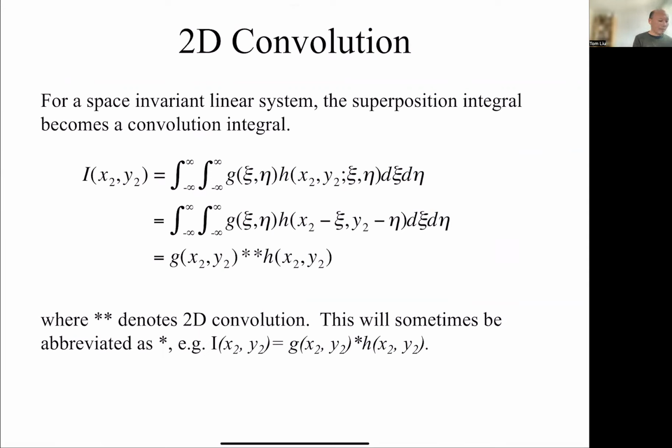But the idea is the same: we have one function and we're multiplying it by shifted and flipped versions of another function. And we can write that as this, where this can represent 2D convolution. But oftentimes we'll just use one asterisk because it's sort of obvious. If I have a 2D function and another 2D function and I convolve them, we'll assume that's 2D convolution.